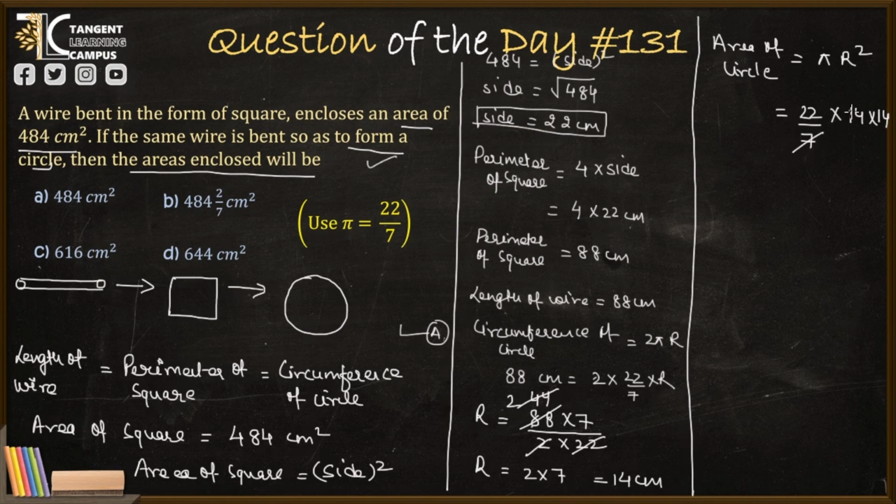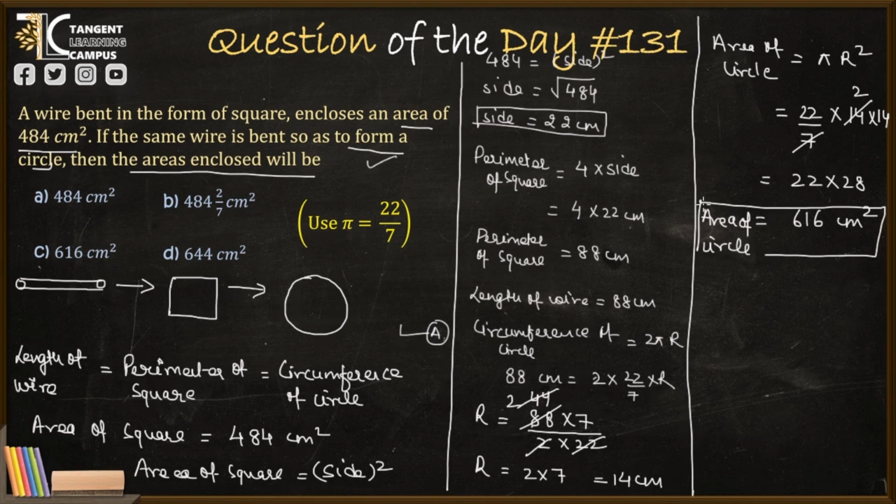So we can cancel 14 by 7, so here we get 2. So this is equals to 22 into 28, which on multiplying these two, we get 616 square centimeter. So we get the value of area of circle as 616 square centimeter. So here option C is the correct answer.